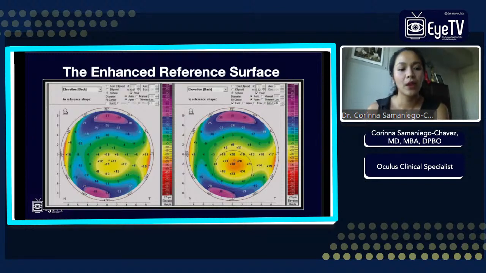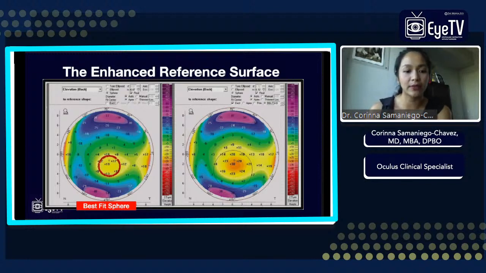For refractive screening and for most clinical situations, the best fit sphere gives the most useful qualitative data. What is typically overlooked is that the BFS will be influenced by any abnormal portion of the cornea. In the case of keratoconus or ectasia, the cone or apical protrusion will have the effect of steepening the BFS, thereby minimizing the elevation difference between the apex of the cone and the BFS.